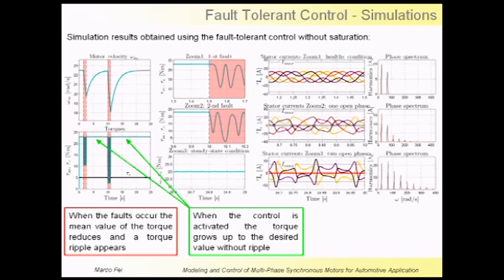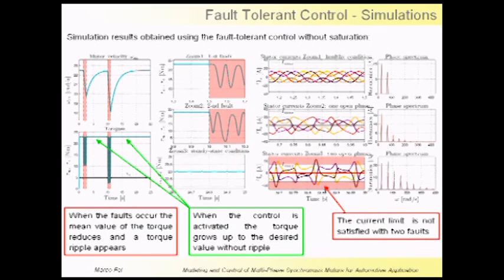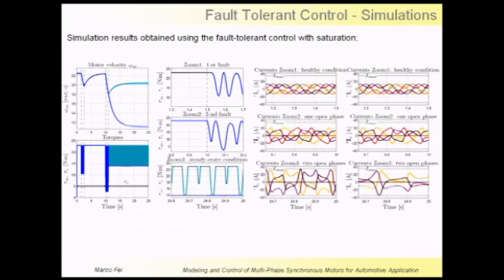As I previously said, this control increases the amplitude of the remaining healthy currents. So in this second case, the current limit is not satisfied. So this simulation is repeated, taking into account also the current saturation.